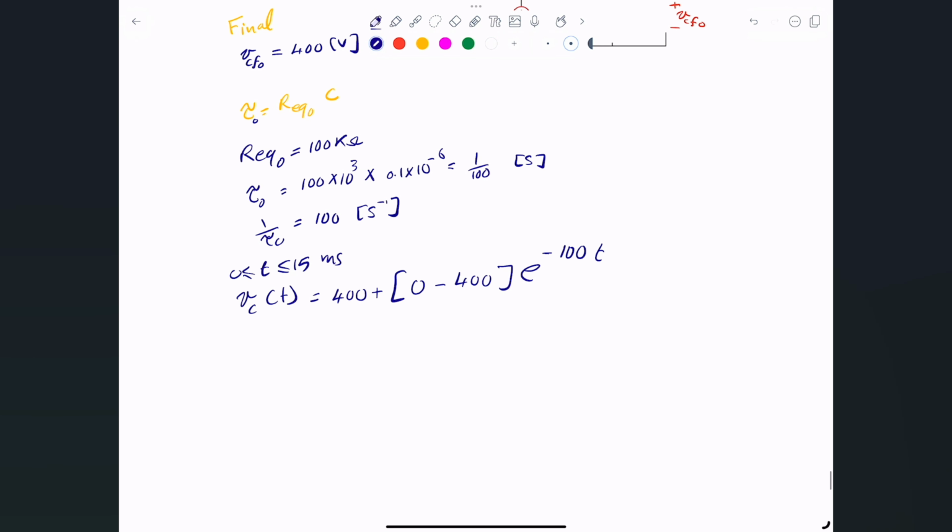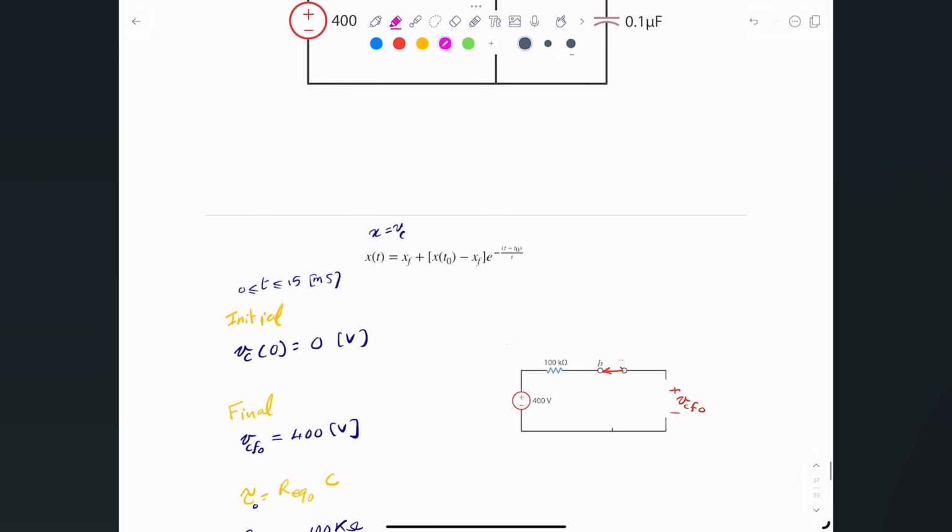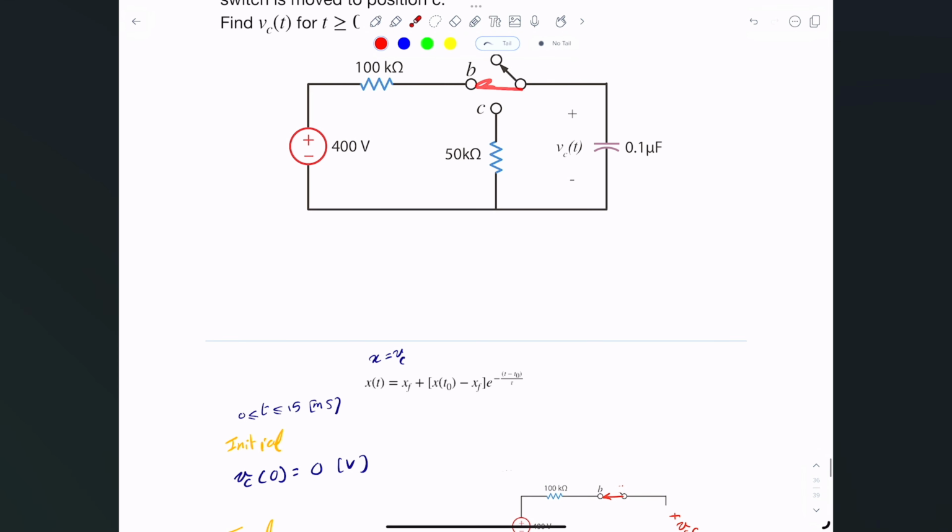Cleaning it up, VC of t equals 400 minus 400 e to the negative 100 t volts, for t between 0 and 15 milliseconds. Let me highlight it so we can refer back to it. This is right before we switch from B to C.